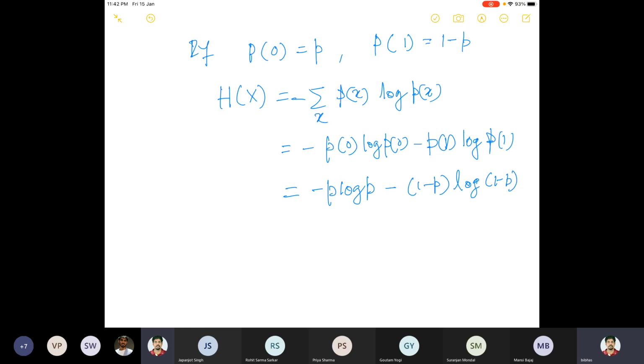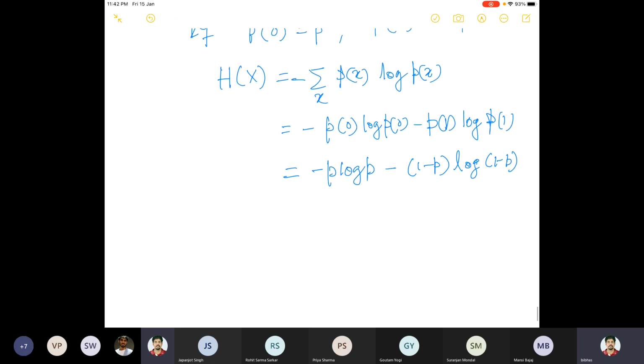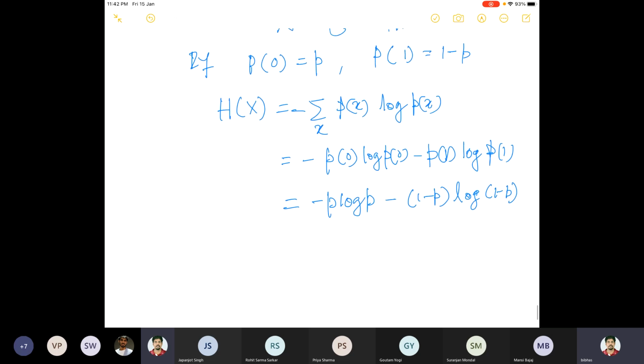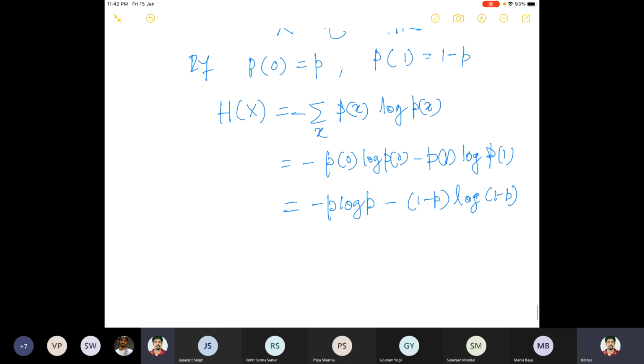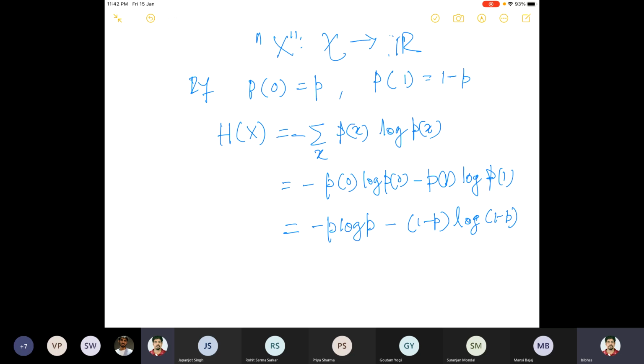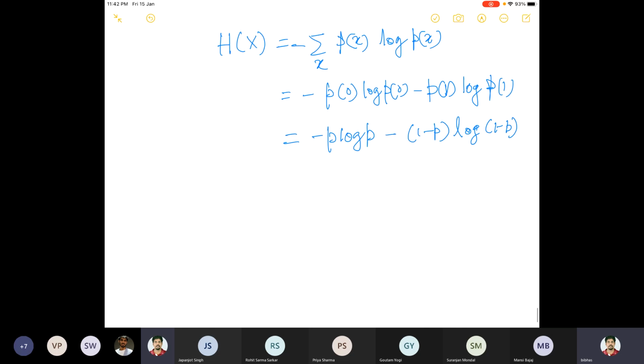And if you draw this function, it will be a function of p, because the probability of success could be anything. If it is a biased coin, p could be anything, and if it is an unbiased coin, then the p value is half. If the outcomes are equally likely, then p is equal to half. So if we draw that based on probability, how does this look?